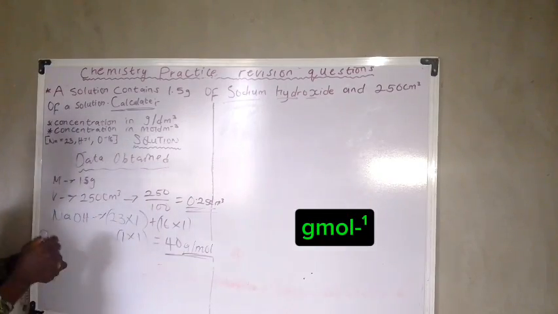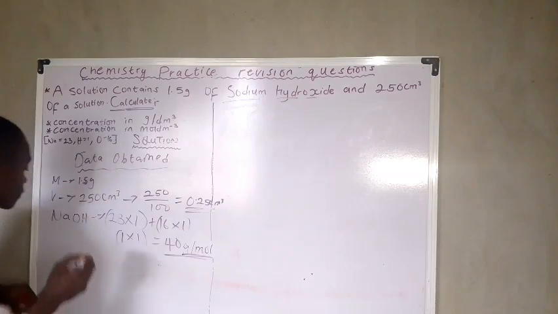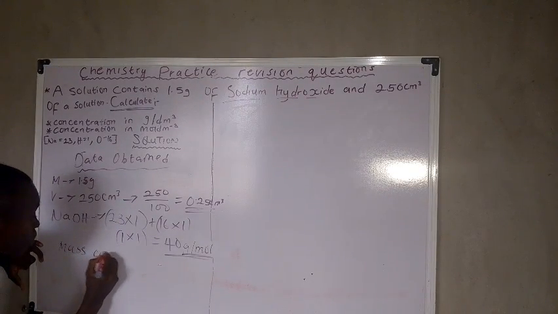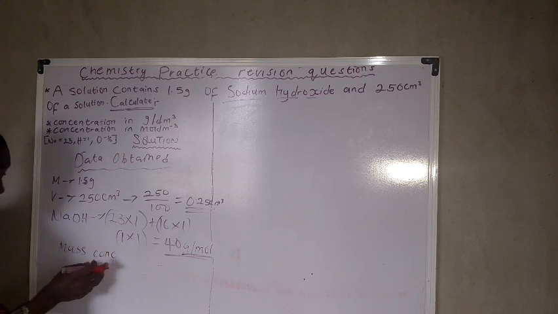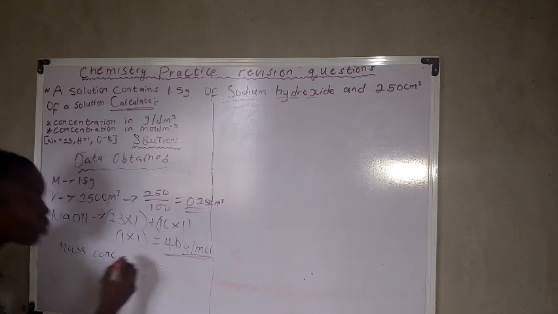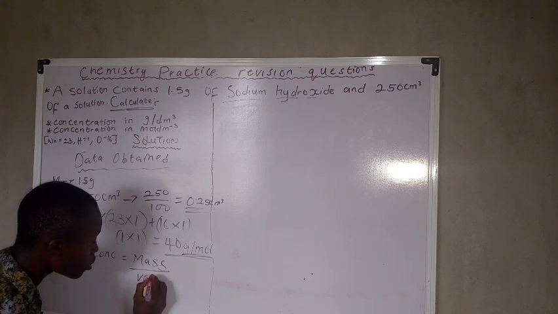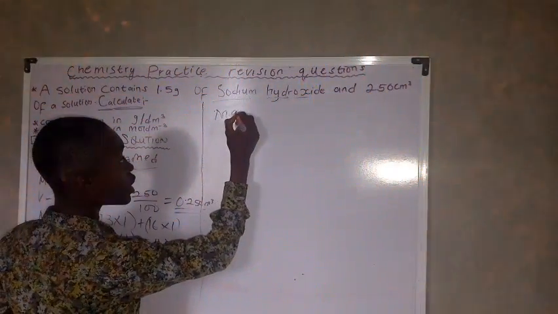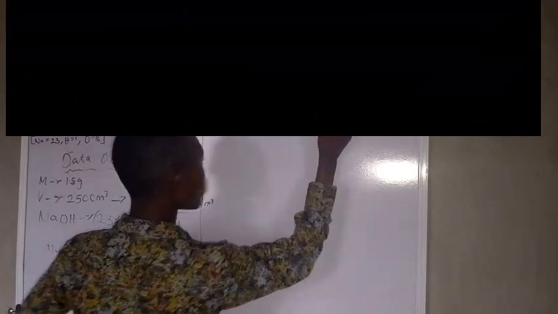Now we have to calculate the concentration in grams per dm cube. The mass concentration, I'm going to shorten it as conc., is equal to mass over volume. So our mass concentration will be: what is our mass?